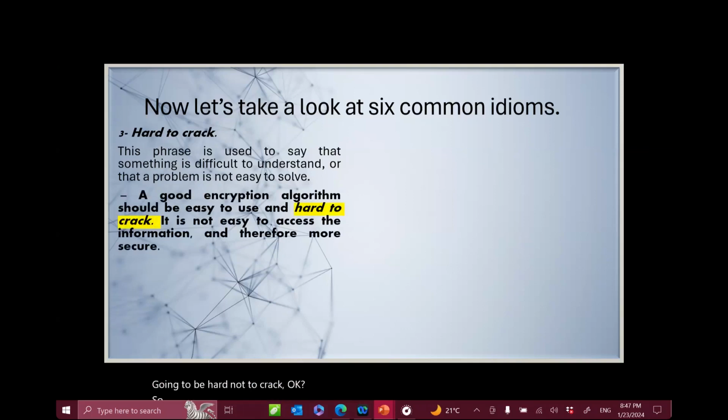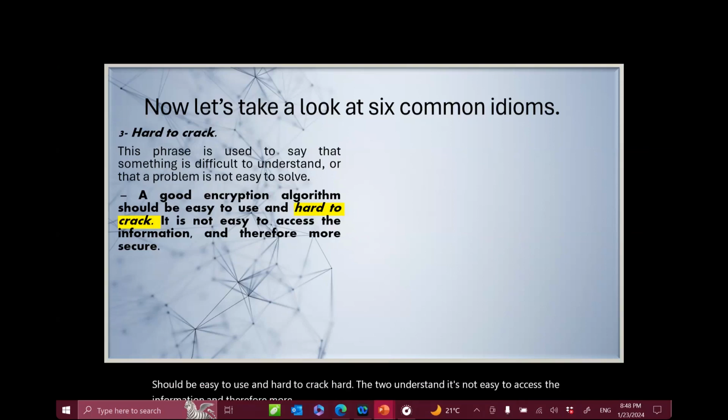Let's have an example. A good encryption algorithm should be easy to use and hard to crack, hard to understand. It's not easy to access the information and it's more secure, okay?